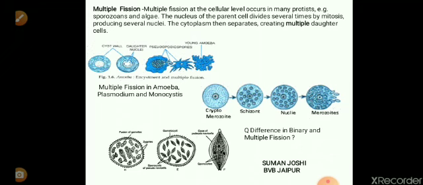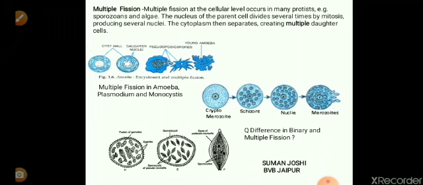Of course, Plasmodium, as you all know, is the causal organism of malaria. All these stages are occurring in the human body. Like the sporozoite enters the human body and then undergoes multiple fission and forms merozoites, cryptomerozoites, different stages.